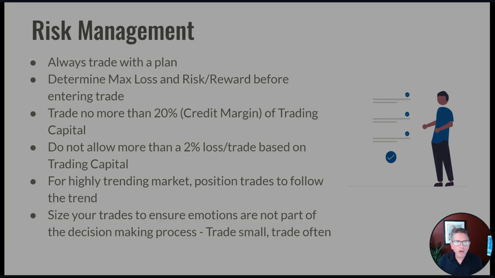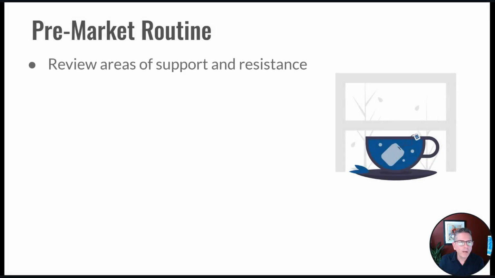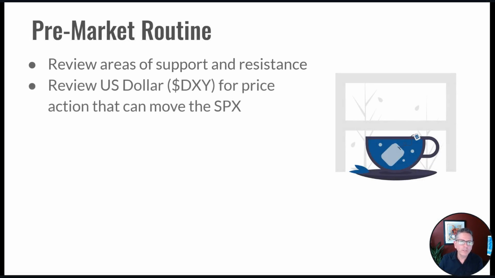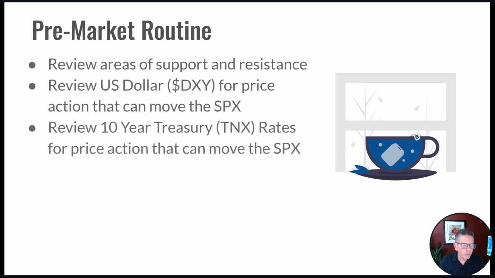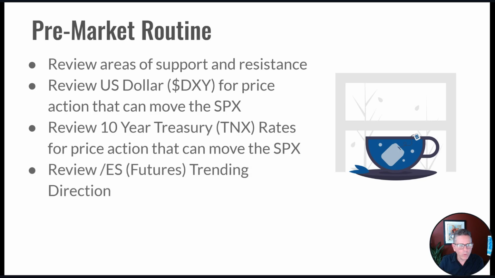Okay. All right. So pre-market routine: review areas of support and resistance. Understand what the dollar does for SPX, and what Treasury notes do as well. And review futures trending direction. With SPX, the market opens at 9:30 and closes at 4.